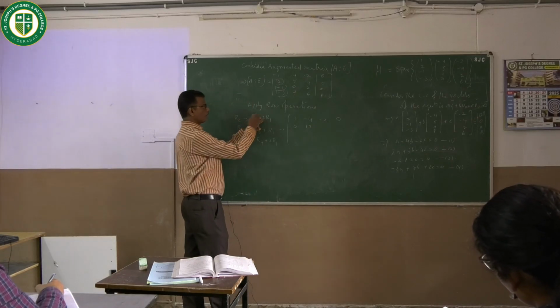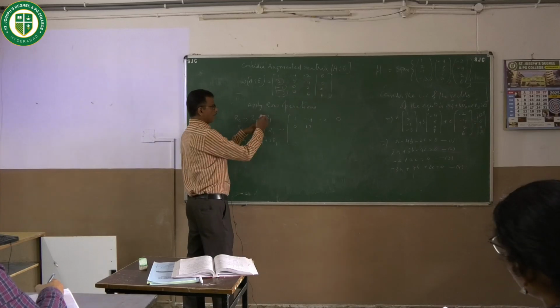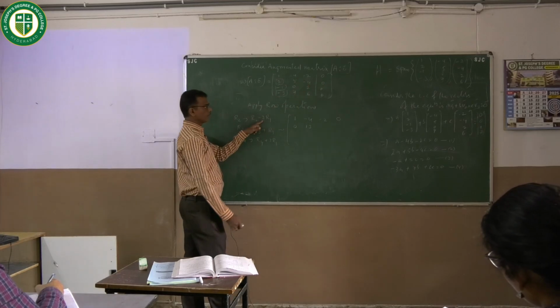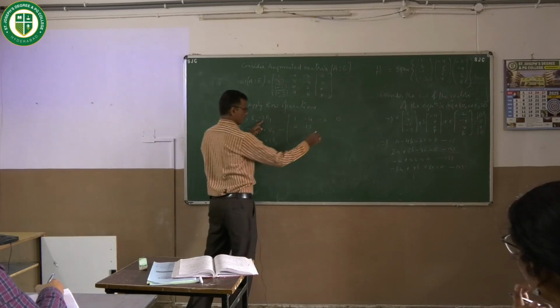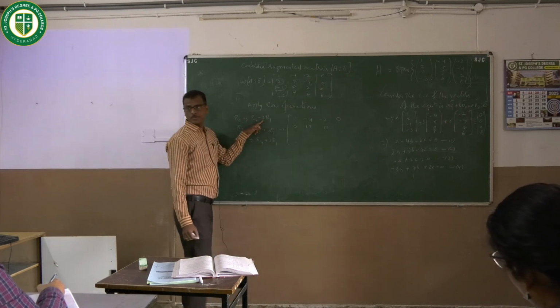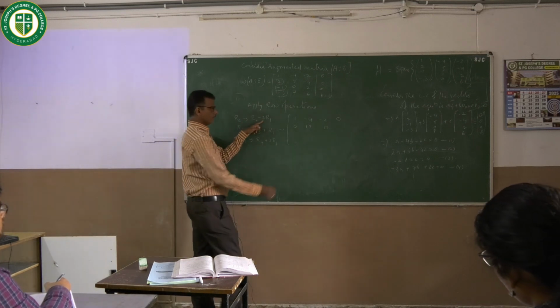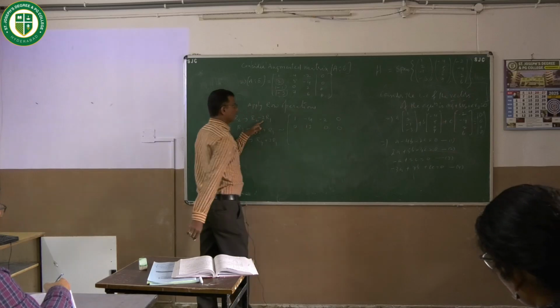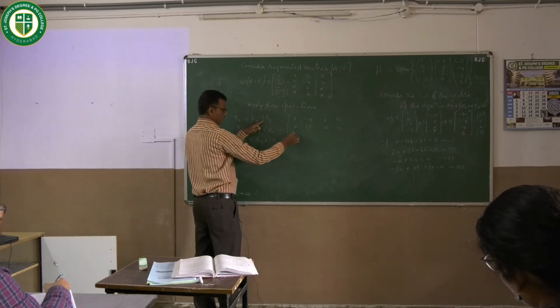Then next R2 is here minus 4, minus into minus plus 2 into 2, 4, minus 4 plus 4, 0, right? Then next R2 here is 0. Then next minus 1 plus 1, 0.